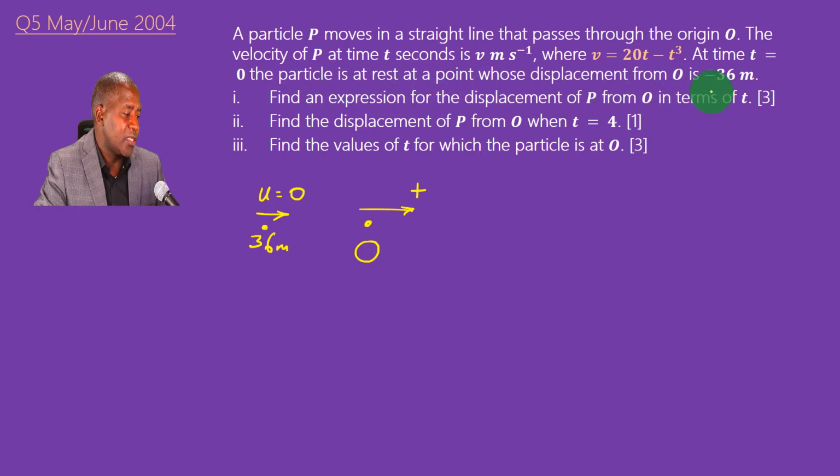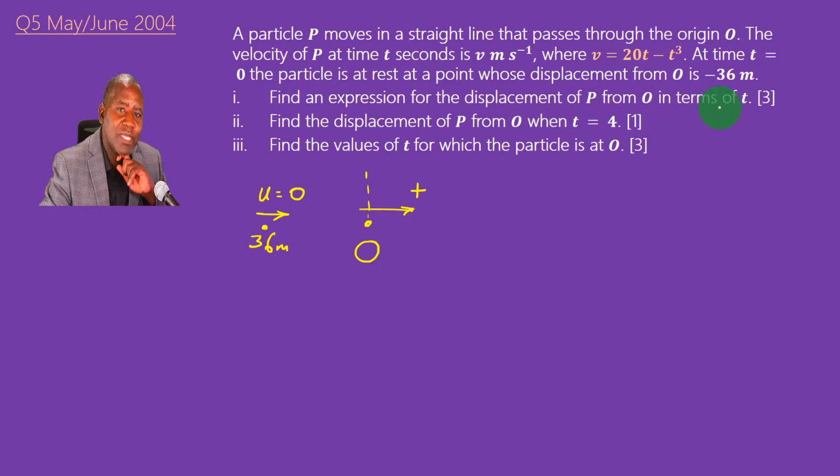This is where it is, and it's moving like that, and it is at rest. The particle is at rest at a point whose displacement from O is that much, because any displacement from this line onwards to the right is positive. Anything in that direction, negative.